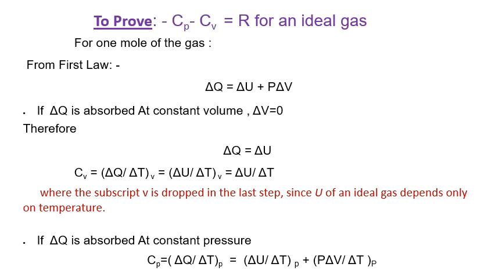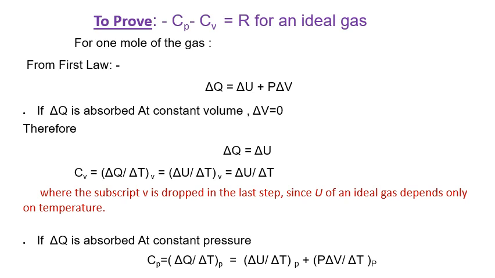Let's derive a relation between these two molar specific heats. For 1 mole of a gas, from the first law, delta Q is equal to delta U plus P delta V. If delta Q is absorbed at constant volume, then delta V will be 0 and delta Q will be equal to delta U. Then Cv will be equal to delta Q by delta T at constant volume, and it will be delta U by delta T at constant volume.